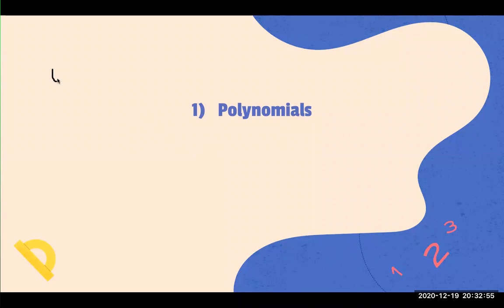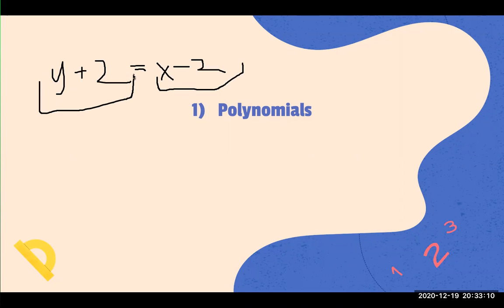If you think of an equation like y plus 2 is equal to x minus 2, these individual things are called expressions. They don't have equal signs in them. This is one expression, this is another expression, and an equation is two expressions set equal to each other.